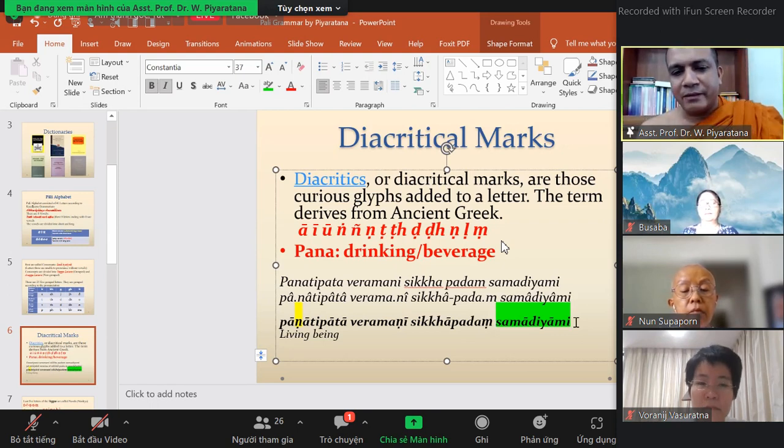So when we recite aham samadiyami, I undertake, I observe.